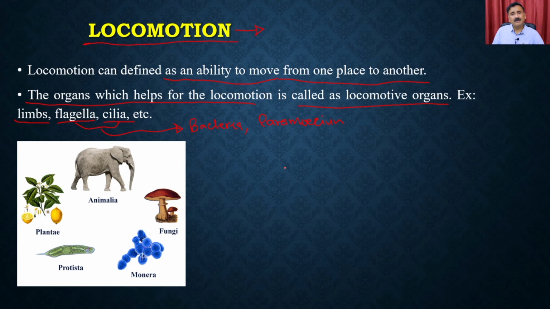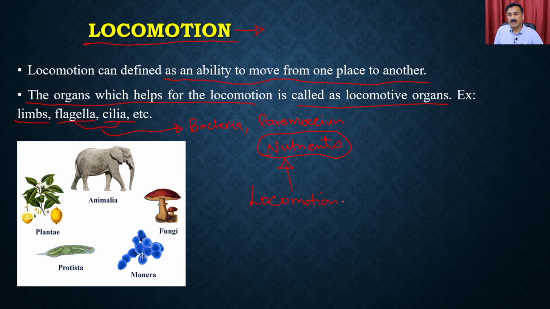So, what is the purpose of the locomotion? Movement from one place to another place is required for many purposes. For example, locomotion allows you to get nutrition, right. Sometimes the locomotion is directed by the nutrients, and then it is called the chemotactic movement.